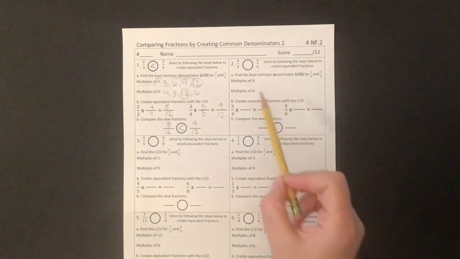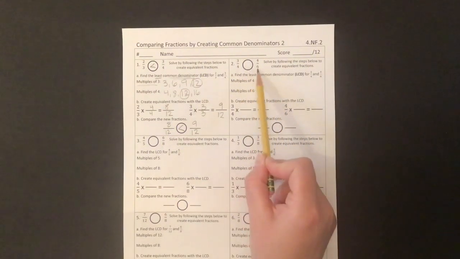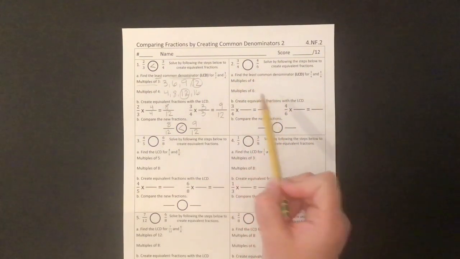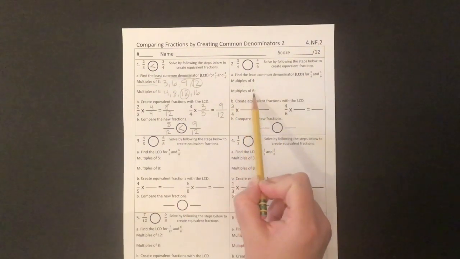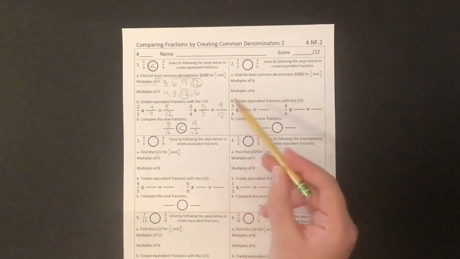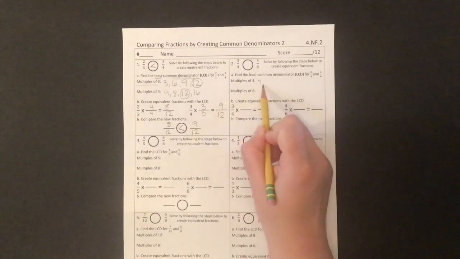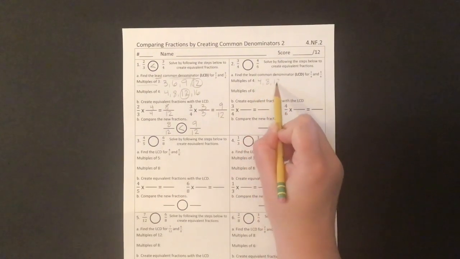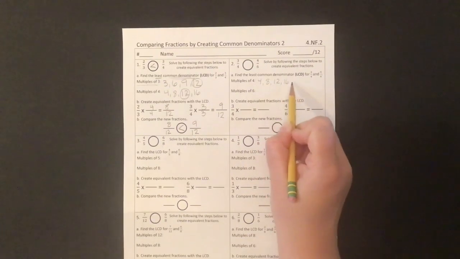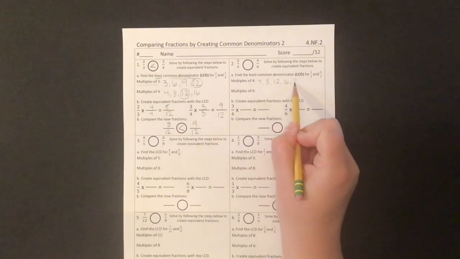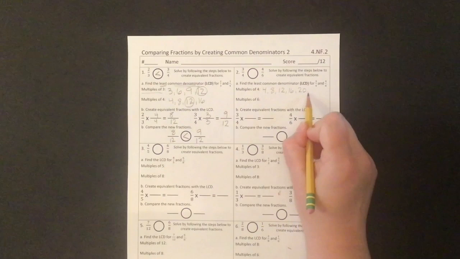If I want to find a common denominator, I'll have to list the multiples of 4 and the multiples of 6. So we have 4, 8, 12, 16, 20, 24.